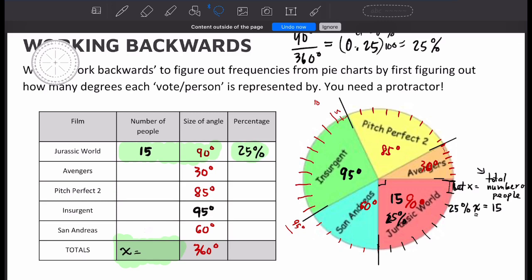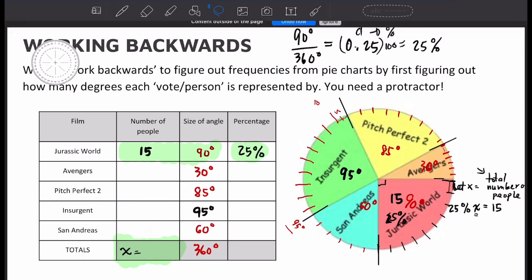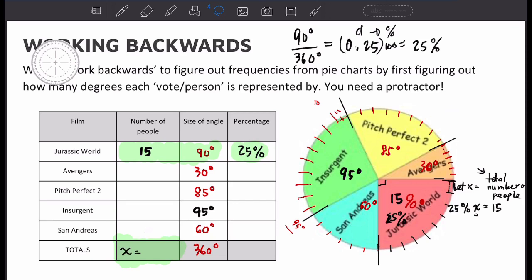So you need to make it into a decimal again. 25%, percent to decimal, you need to divide by 100. So 25% divided by 100 equals 0.25.